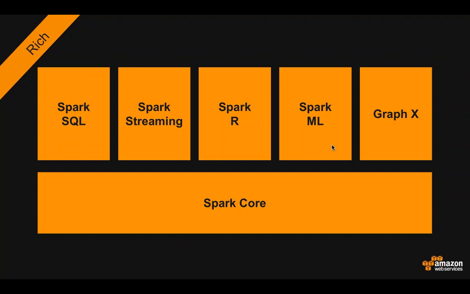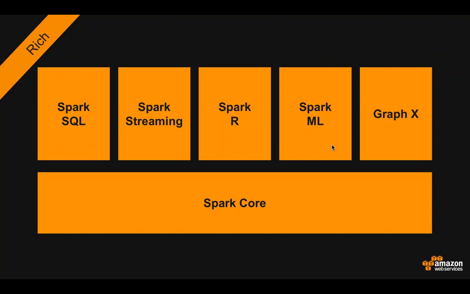On top of that, you've got a number of modules which are designed to give you a lot of out-of-the-box functionality that allows you to focus on the task at hand rather than getting bogged down in the details of writing in lower level languages. So let's step through each of these and talk about what they give you.